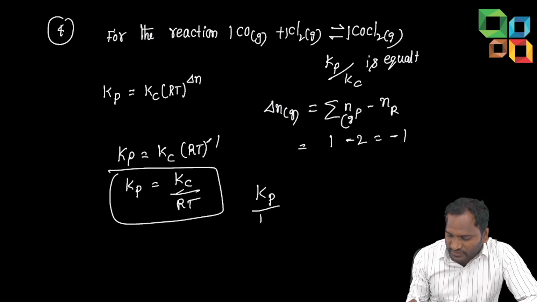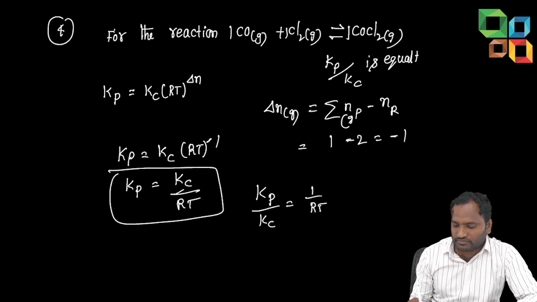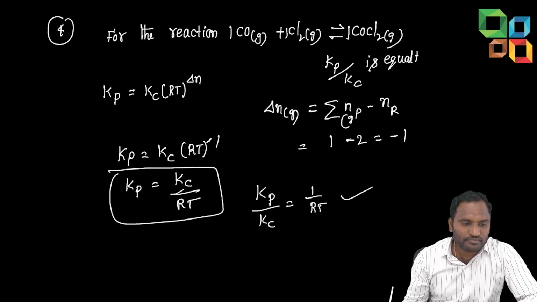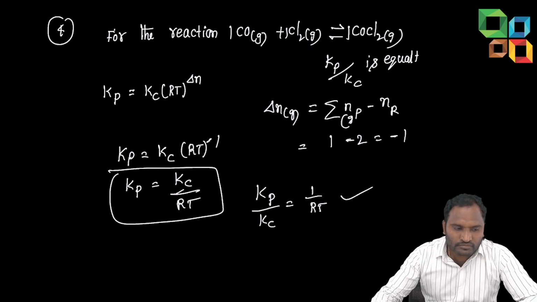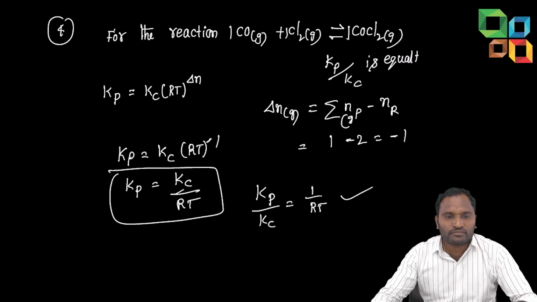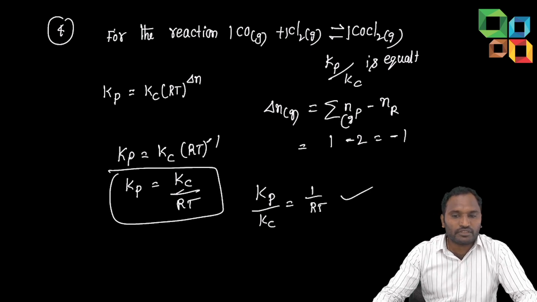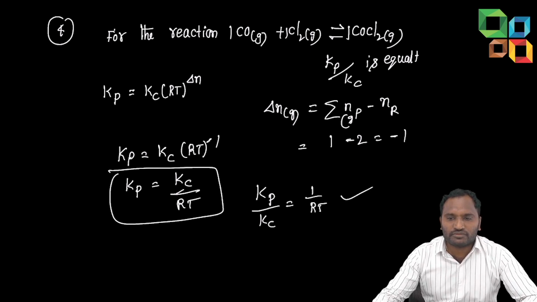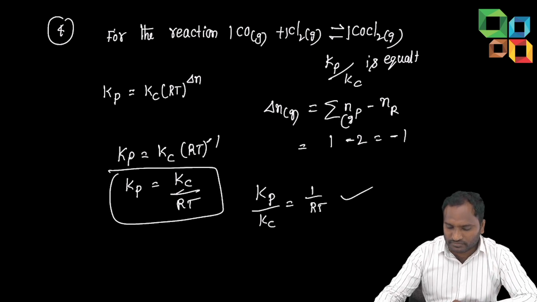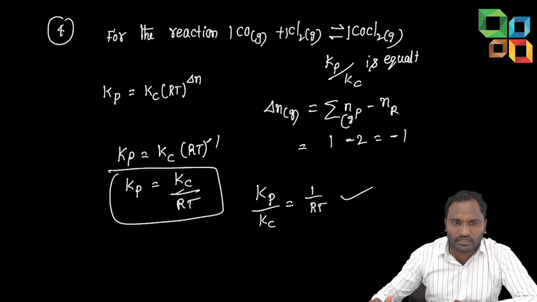Kp by Kc is equal to 1 by RT, or RT power minus 1. Easy it is. This type of questions you prepare. They are asking this type of questions in JEE Mains also. Simple. Done, students?